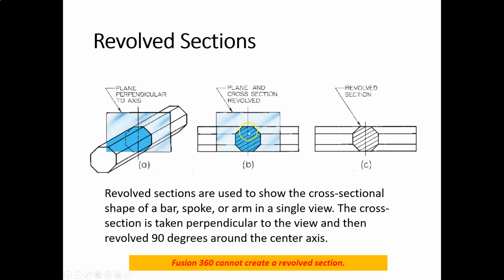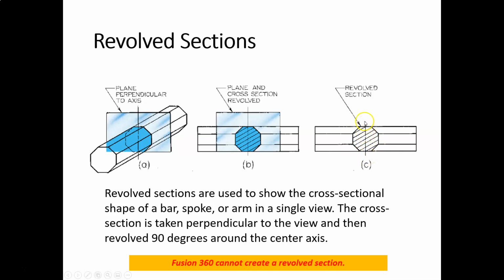If you look at C, that is the finished view. It's a way to kind of combine two views. We have a long view of the rod, in this case the bar, and then we have a section view superimposed on top of it.